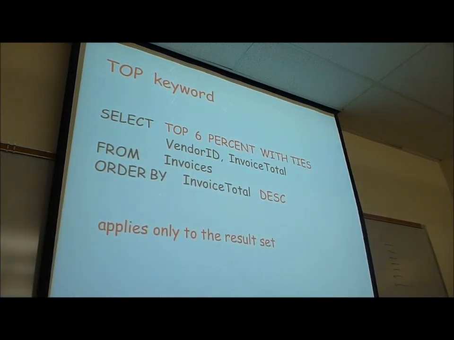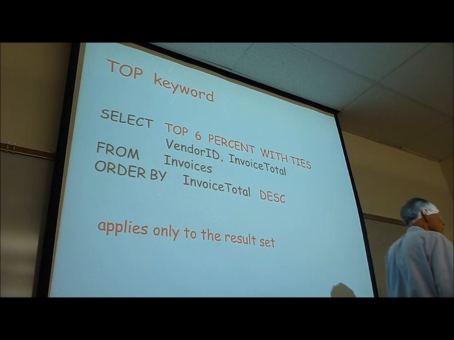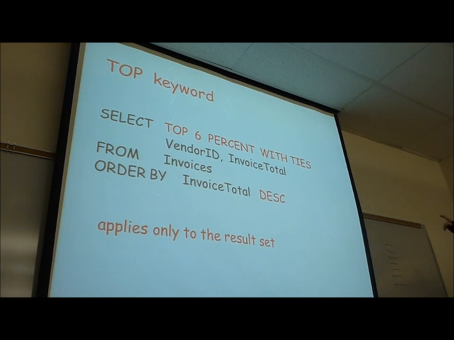So typically, if there's a possibility of ties, you'll use the with ties. Top 5 with ties, top 6% with ties. You think that's going to happen.